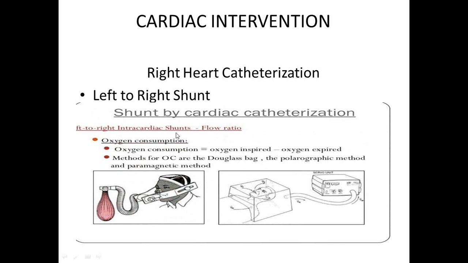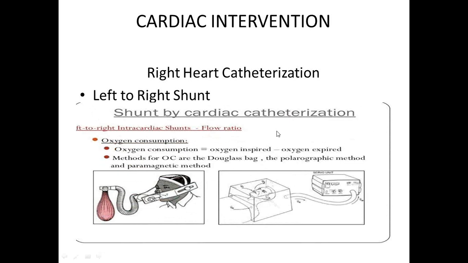To look at oxygen consumption, oxygen consumption is the oxygen you inspired minus the oxygen that you expired. Because you inspire the oxygen and it's going to go into the bloodstream and go to the left side of the heart, and then you're going to blow out some amount of oxygen.